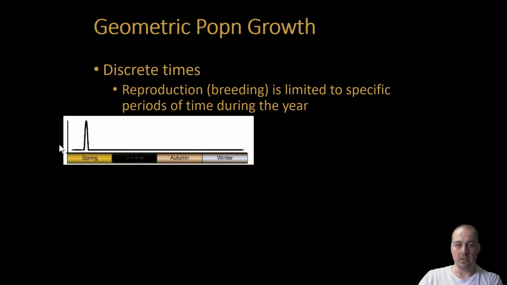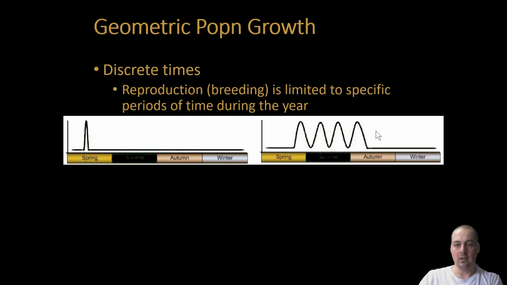In some cases, for certain organisms like foxes and wolves and plants, there's only one breeding season during the year, which will result in production of a certain number of offspring. Another example would be where there are a few discrete breeding seasons, which produce a number of offspring. Some examples of this would include horses, sheep, etc.